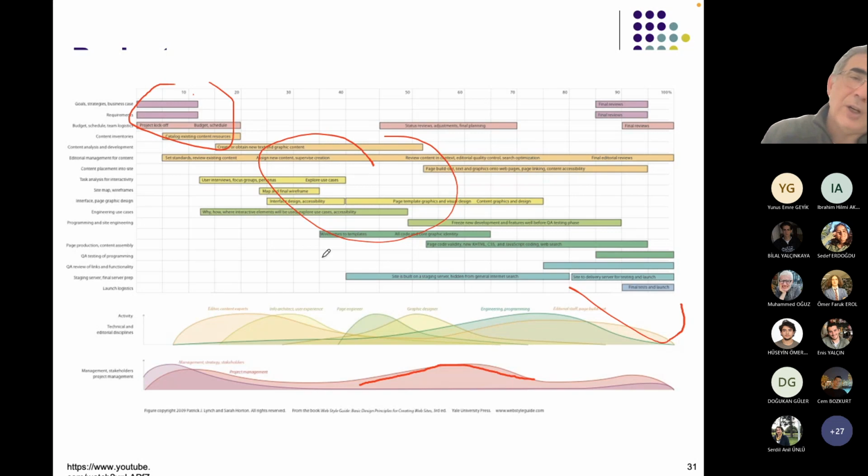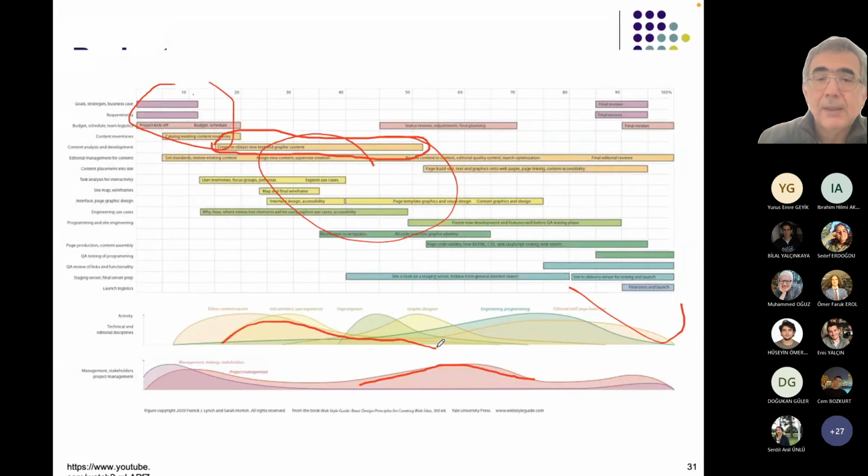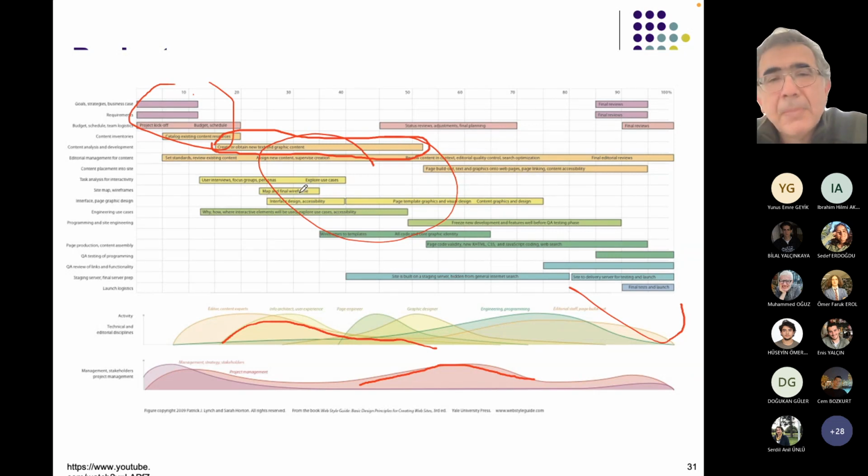So in the Gantt chart, for example, this part is a straight box. However, the effort is changing throughout the box. Usually, it peaks at some point and gradually decreases. This is what happens in reality.